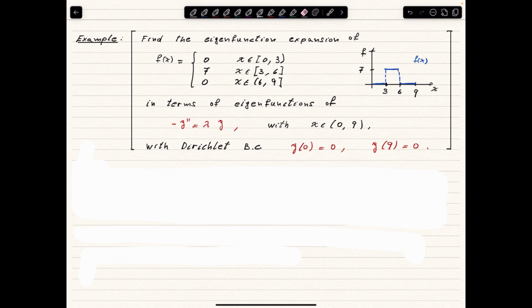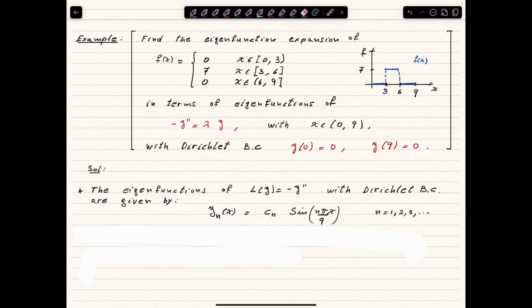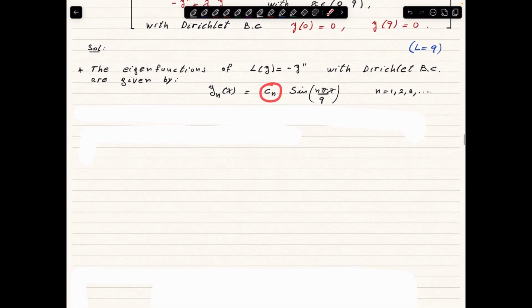Alright, so first of all we know what the eigenfunctions are for this problem. The eigenfunctions for this problem with Dirichlet boundary conditions are proportional to sine functions of n pi x over the length of the interval, but the interval here, let's write it down somewhere, L is actually 9. Okay, so the only thing we need to choose is what coefficient we're going to choose for the eigenfunctions to work with.